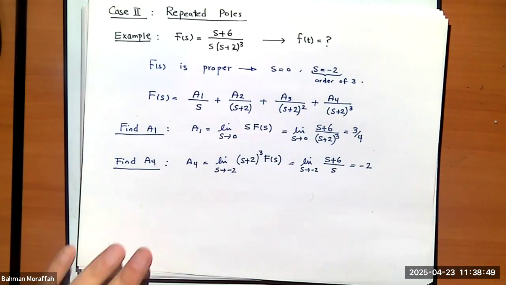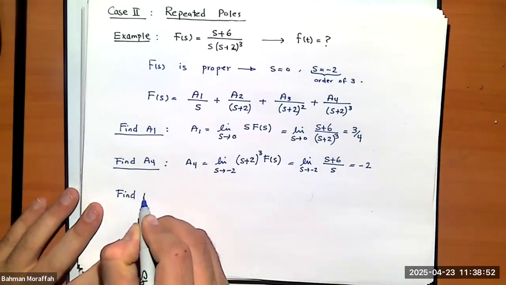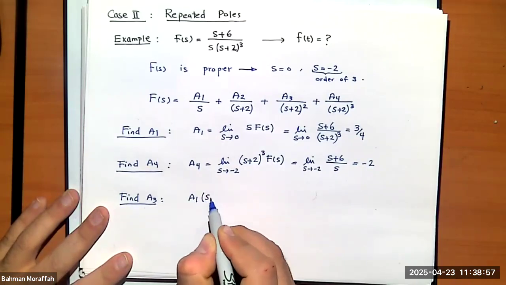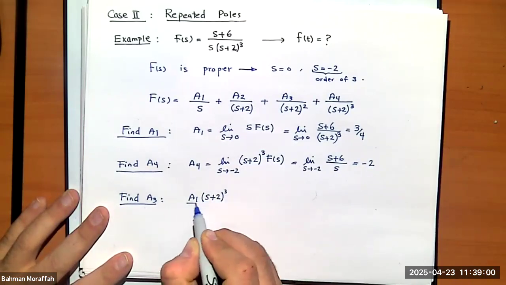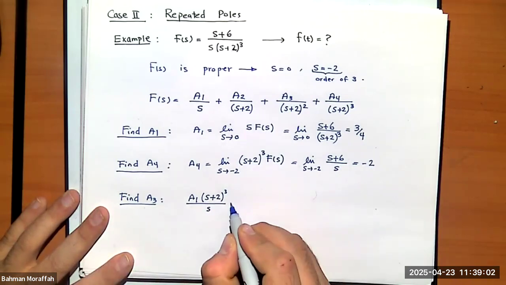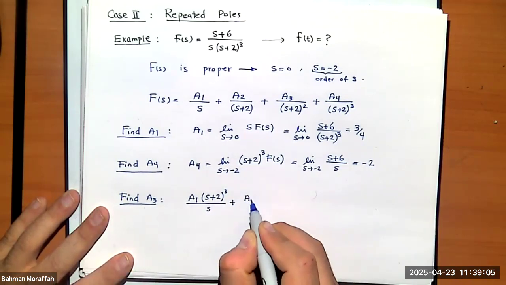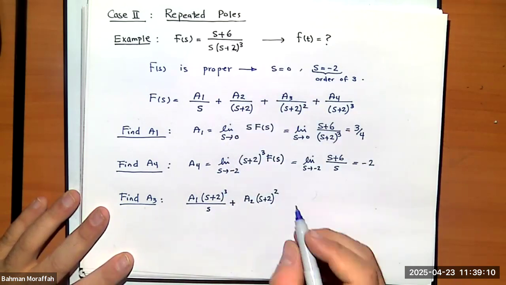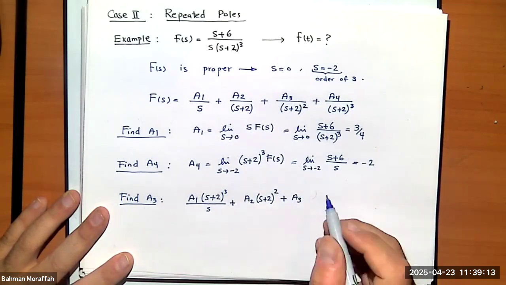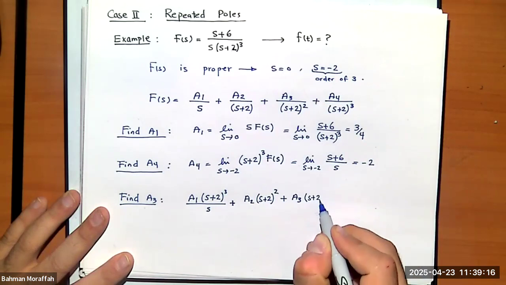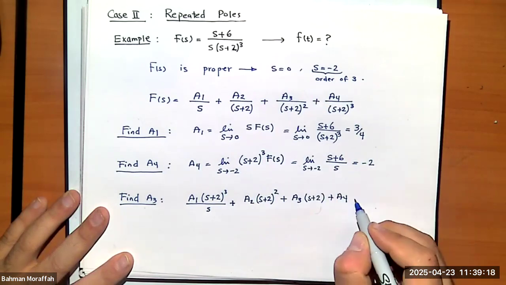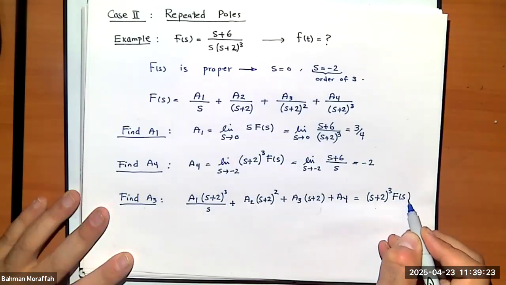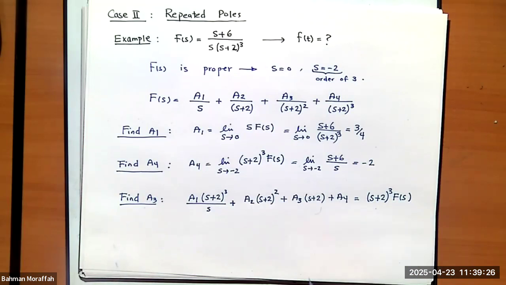If I do that, I get A1 times (s+2)^3 divided by s, plus A2 times (s+2)^2, plus A3 times (s+2), plus A4. That is basically (s+2)^3 f(s), right?